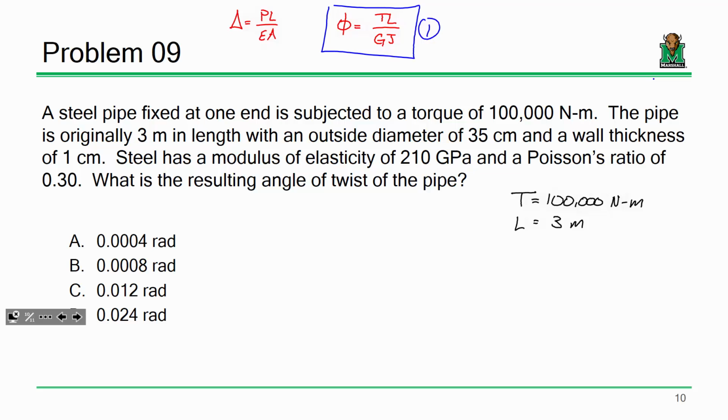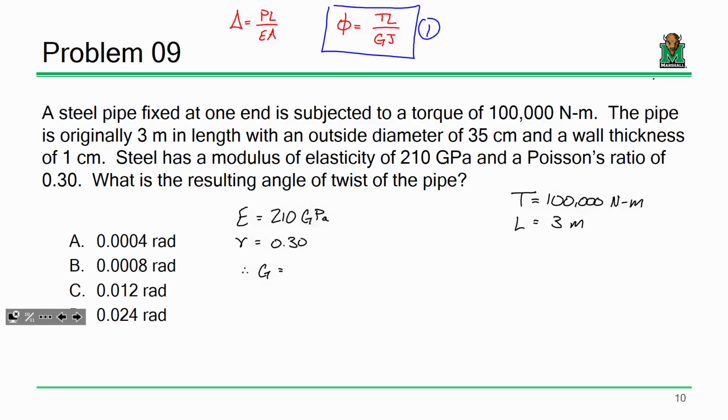I've got a few formulas I challenge you to find in the manual. That's one. Now for the shear modulus, E is 210 gigapascals. I'm not going to convert that right now. And nu, our Poisson's ratio, is 0.3. The second formula I challenge you to find is how do you compute G?